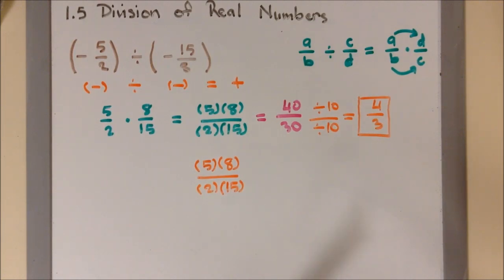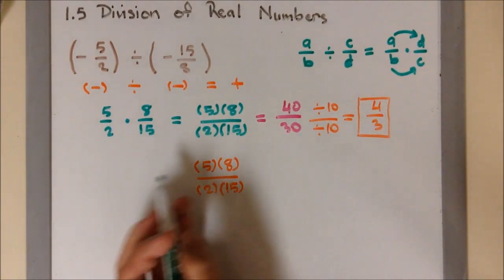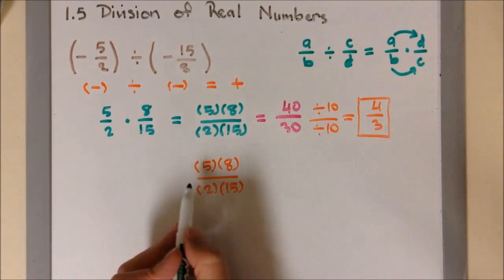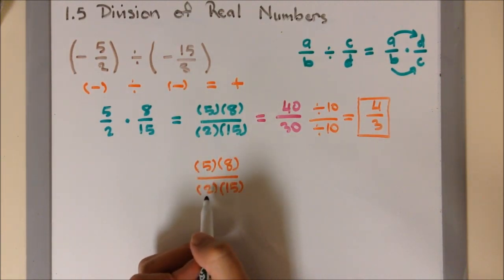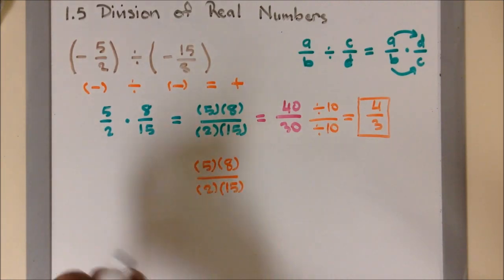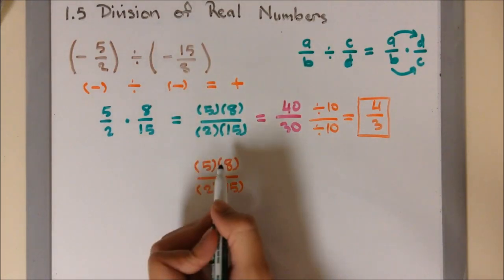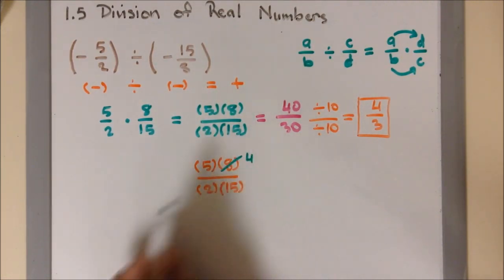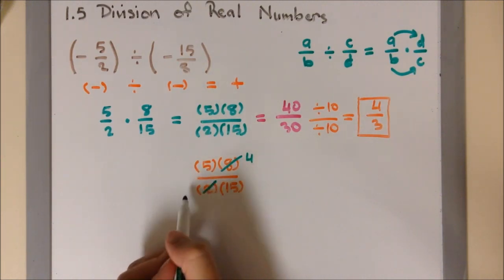So for example, we look for what's in common between the numerator and the denominator. So in this case, let's look at the even numbers. We have 8 and 2. Both of them can be divisible by 2. So that means, I'm not going to write it out, I'm just thinking to myself, I'm going to divide 8 by 2, which is 4, divide 2 by 2, which is 1.